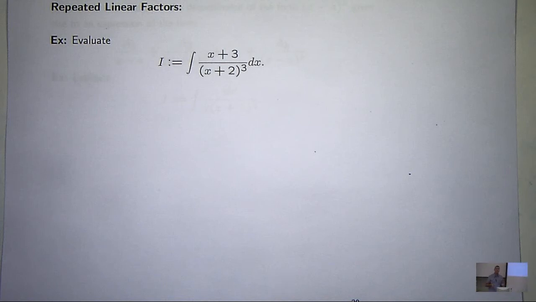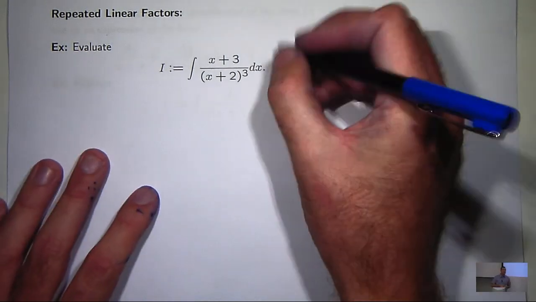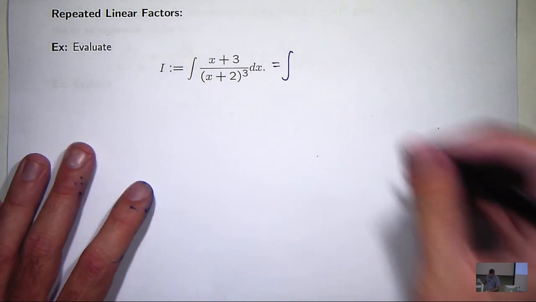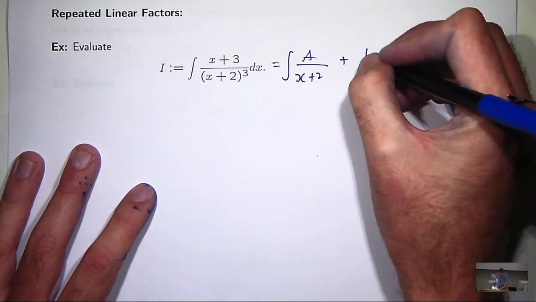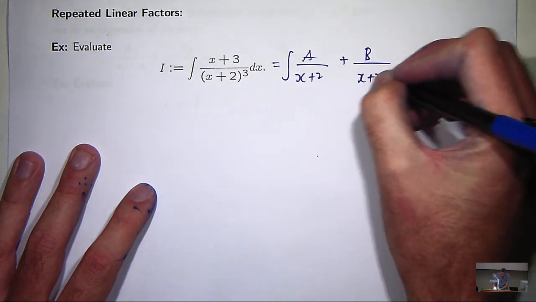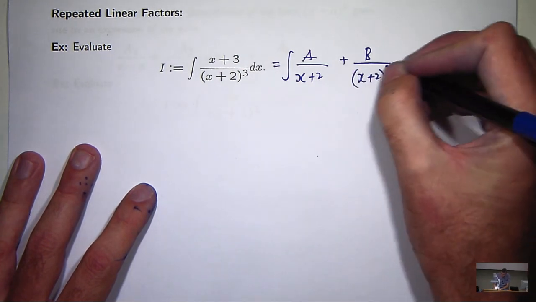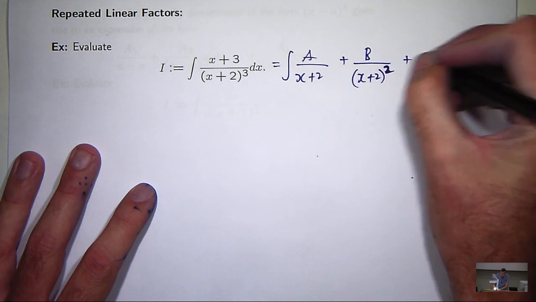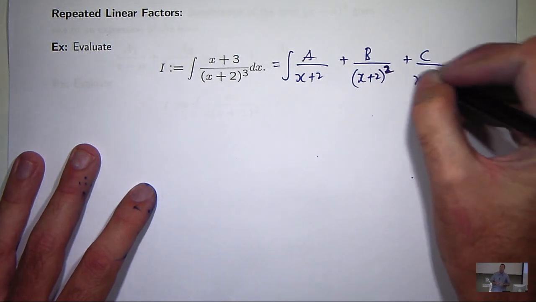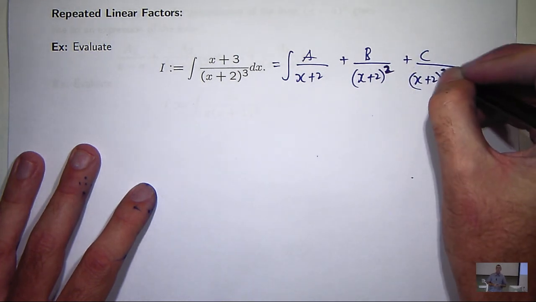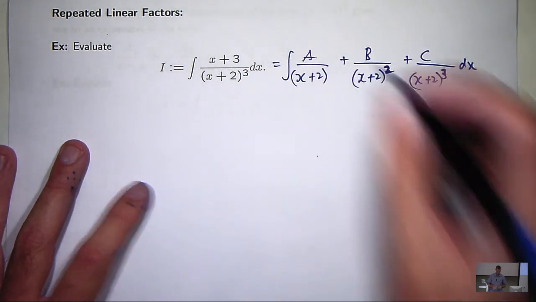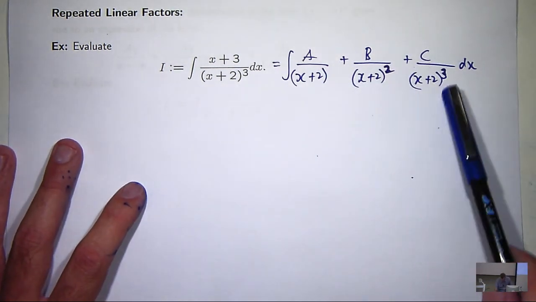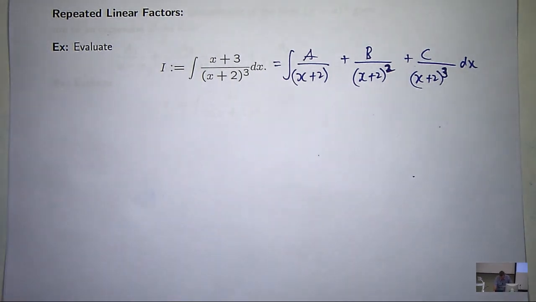So I'm going to claim that it's the following form. This is important. Oh, no, squared. Okay, so you can see how these powers of x plus 2 are increasing up to 3 in this case.